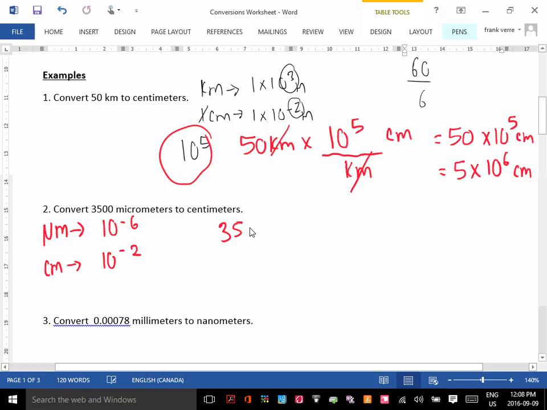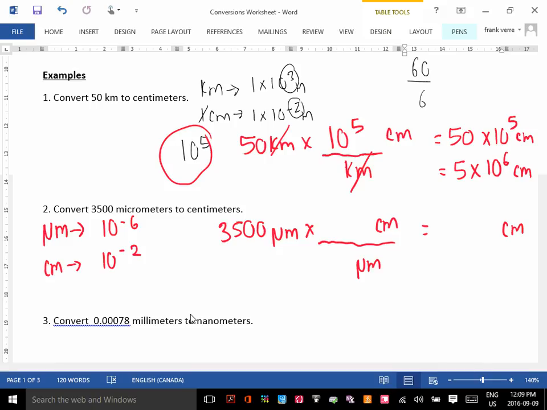So we're going to go from micrometers to an answer that's going to be in centimeters. So what unit do we need to get rid of? Yeah, very good. We need to get rid of micrometers. Now the question is, how many times smaller is a micrometer relative to a centimeter?